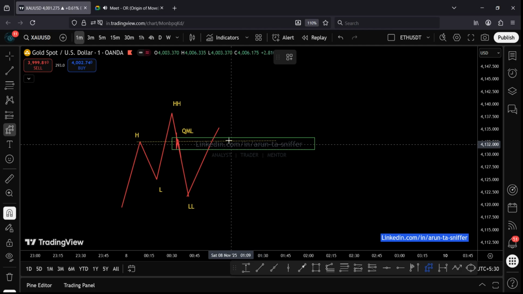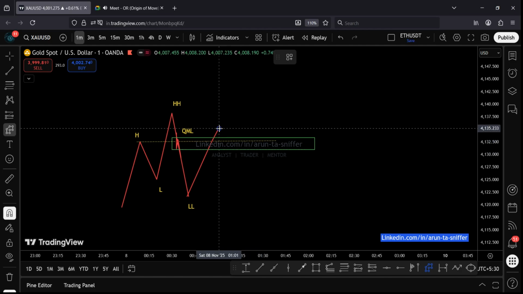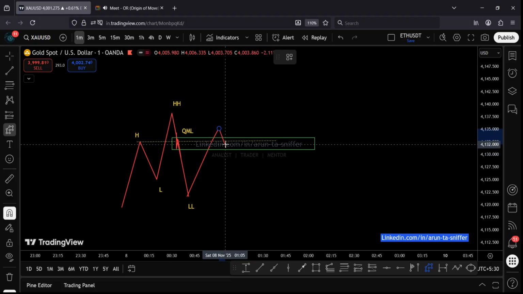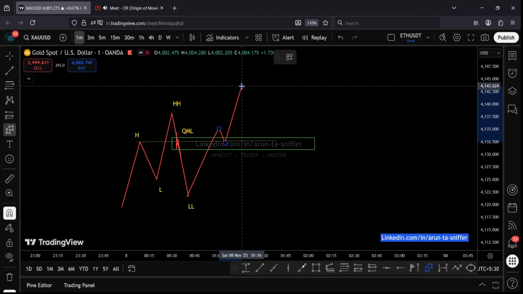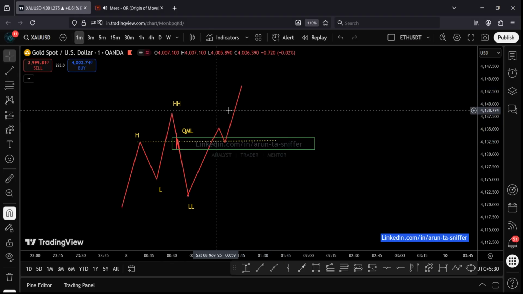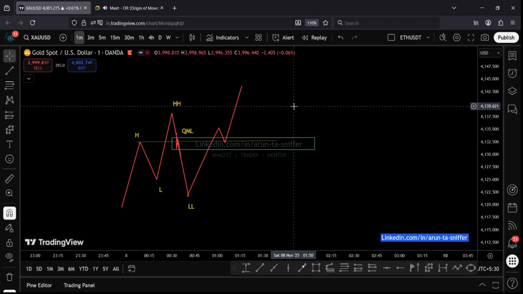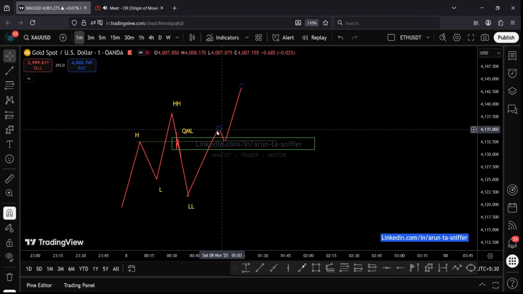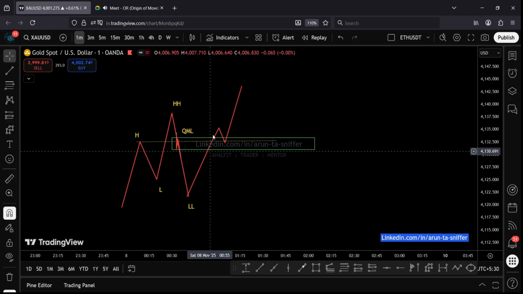So price crosses this QM level and comes back till here or till here, both are possible, and then goes up again and crosses this higher high.